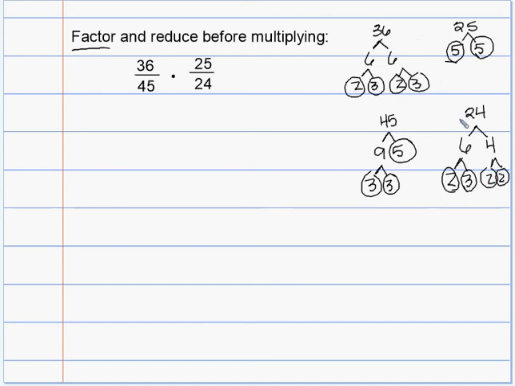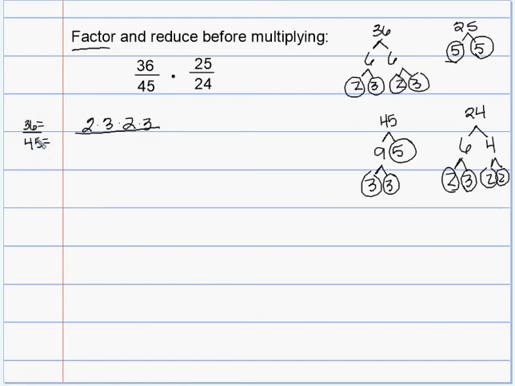Now we can take all this information over here and rewrite these numbers as products of their prime factors. So 36 becomes 2 times 3 times 2 times 3, and this is 45.